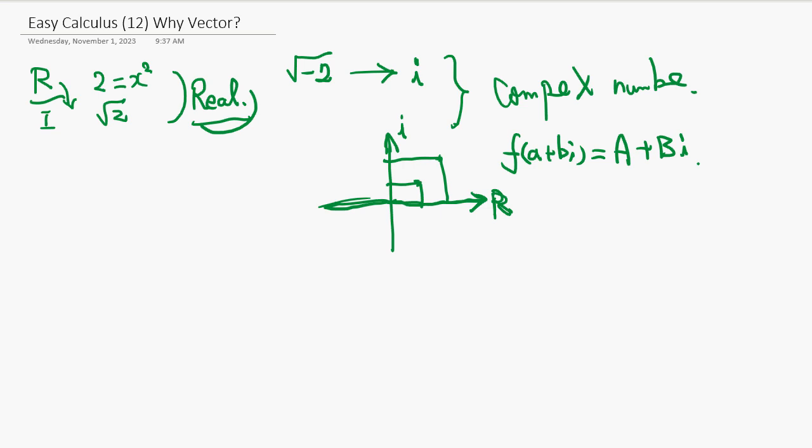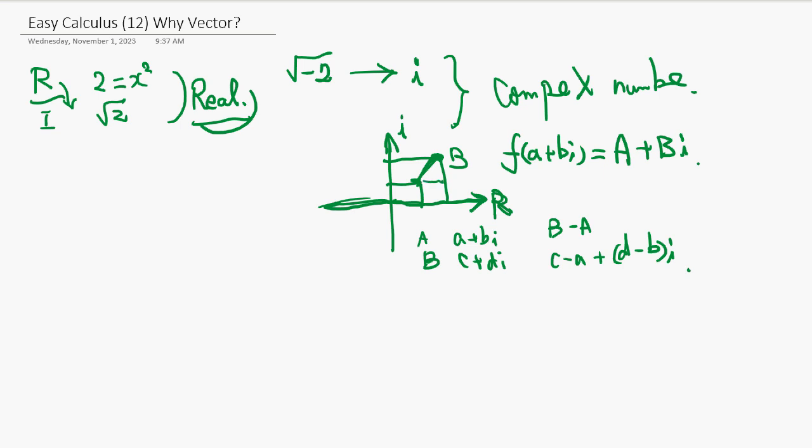For example, from A to B, what is the distance, right? If point A is a plus bi and point B is c plus di, so if you subtract B minus A, it's going to be c minus a plus d minus b times i.